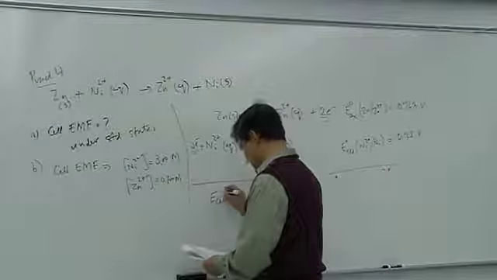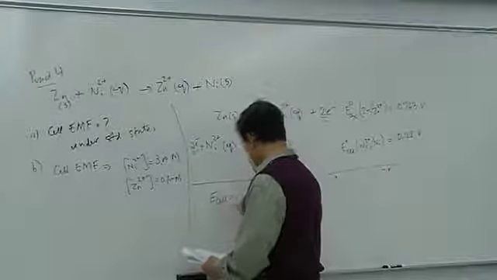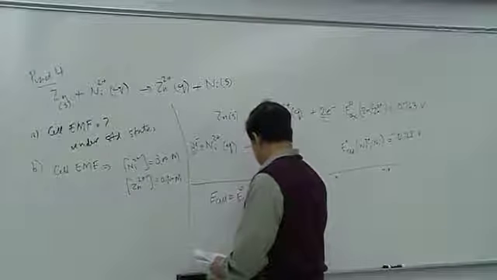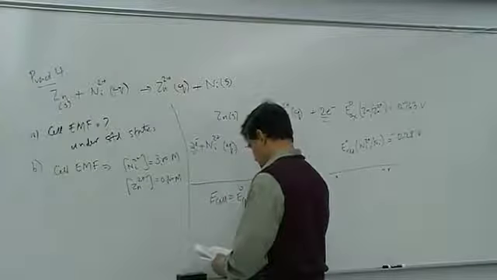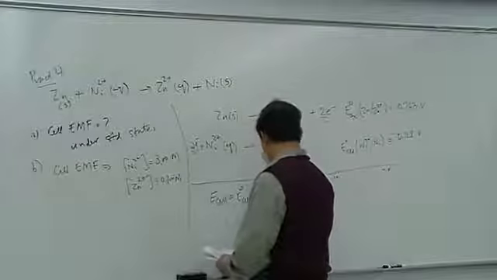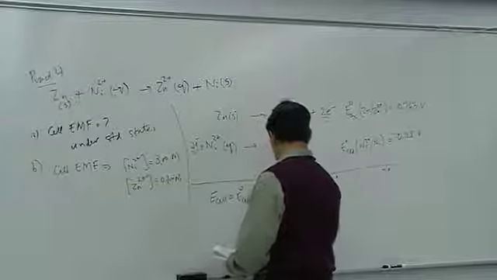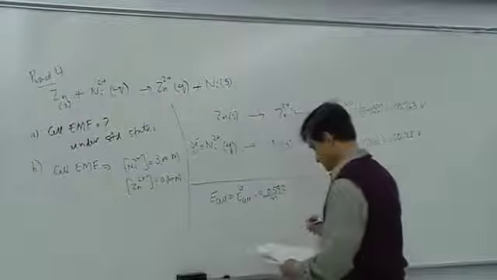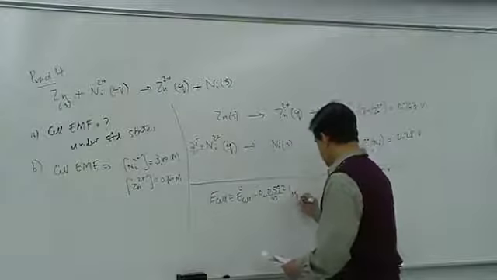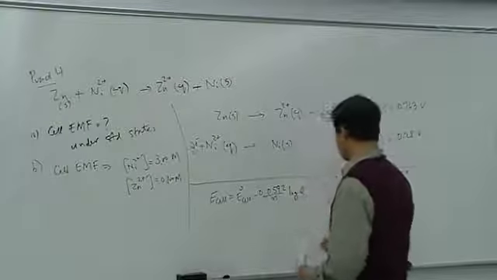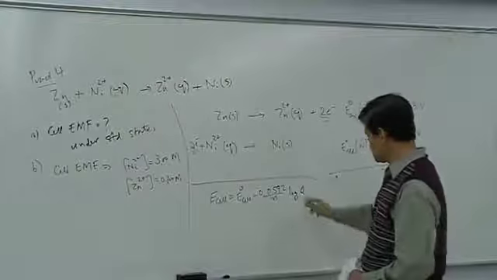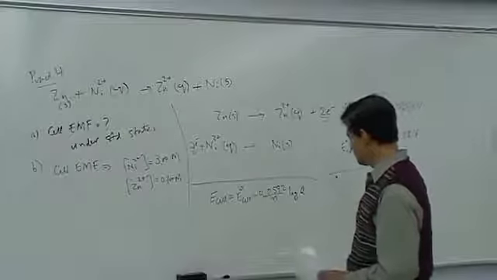E cell equals E0 cell minus 0.0592 over n log of Q. This is now not natural log, it's a log with respect to base 10.